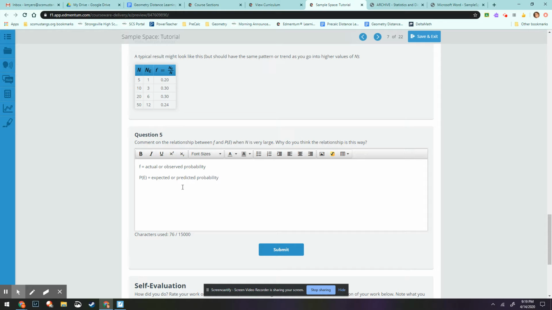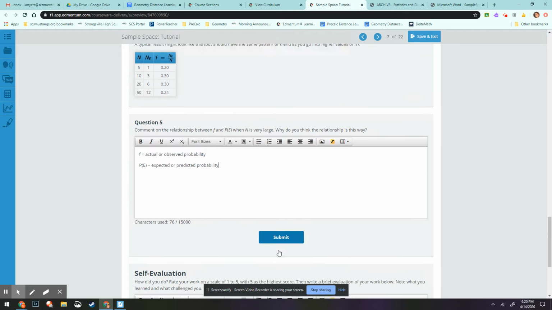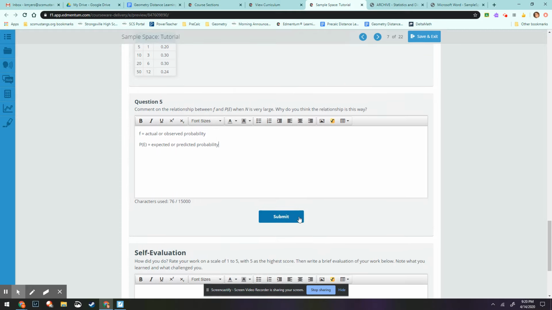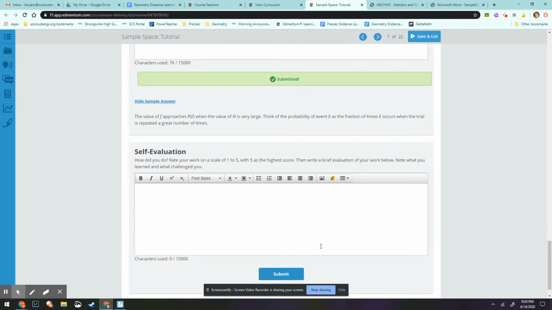And we have predicted that you would have a 1 in 4, 0.25 chance of rolling an odd. And if you look here, all of those numbers are pretty close to 0.25. Okay, they're not going to be exact, but they're going to be pretty close. And if you look, the more times we rolled it, the closer it gets. So the relationship here is that the more and more times you roll it, you're going to get closer and closer to that predicted or expected probability, which is what this is saying.